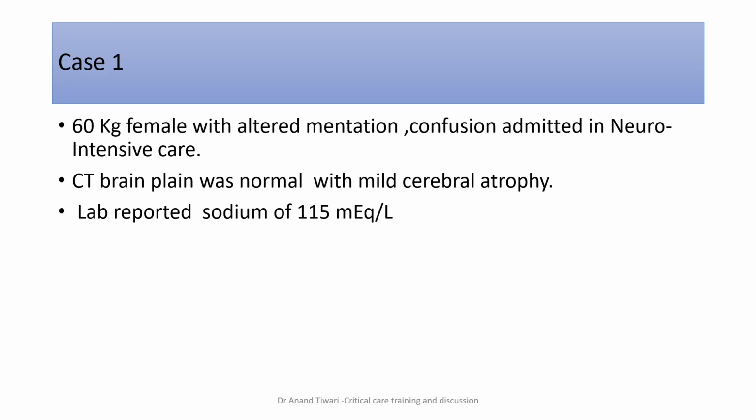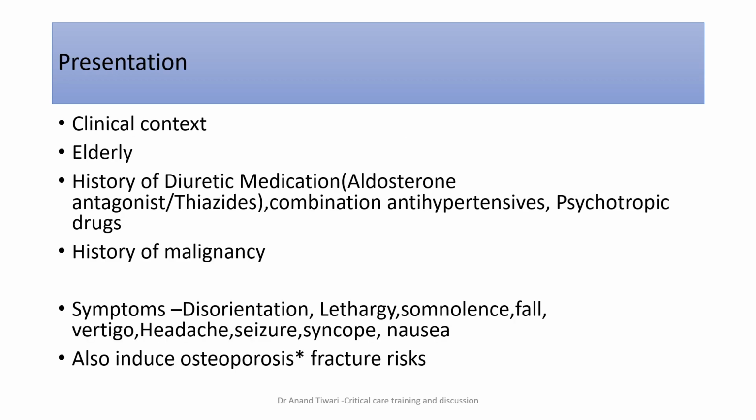As I told, the first thing is the history. Presentation is important. You have to ask certain medication histories. Often these elderly patients are on combination antihypertensive drugs. They may contain thiazide or some diuretic which they are taking long term, leading to chronic hyponatremia, or certain psychotropic drugs which may lead to hyponatremia. You should ask and probe about the history of malignancy, whether there is a possibility of syndrome of inappropriate ADH, which is associated with various malignancies.